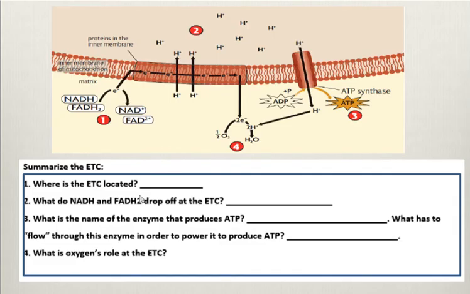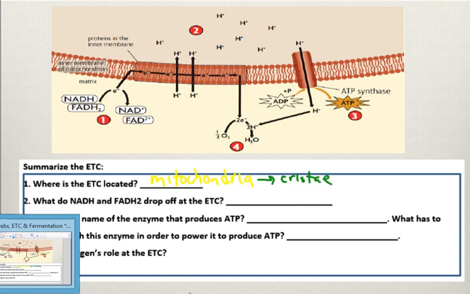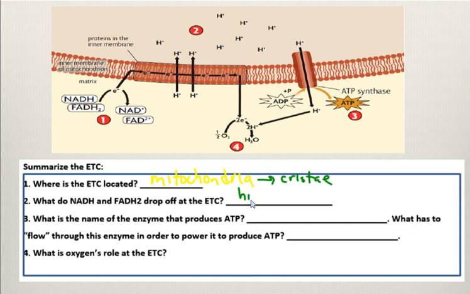So where is this located? Mitochondria. If you simply understand that, it's fine by me, but if you want to get specific, it is in those folds called the crista. What do they drop off? High energy electrons, because the electron movement is what causes the buzz for the active transport to happen with your hydrogen ions.